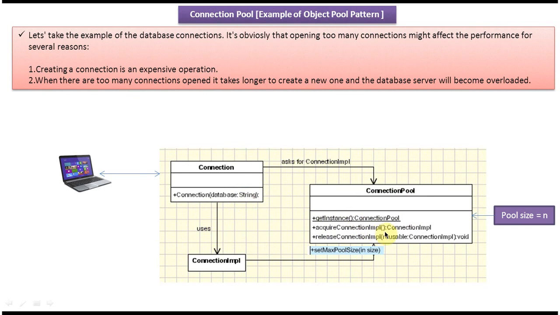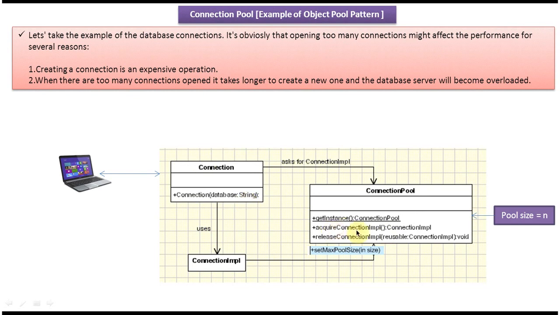This method checks whether the connection pool has any ConnectionImplementation object. If there is one, it will return that ConnectionImplementation object to the Connection, and Connection will use it and do whatever functionality it wants to do.